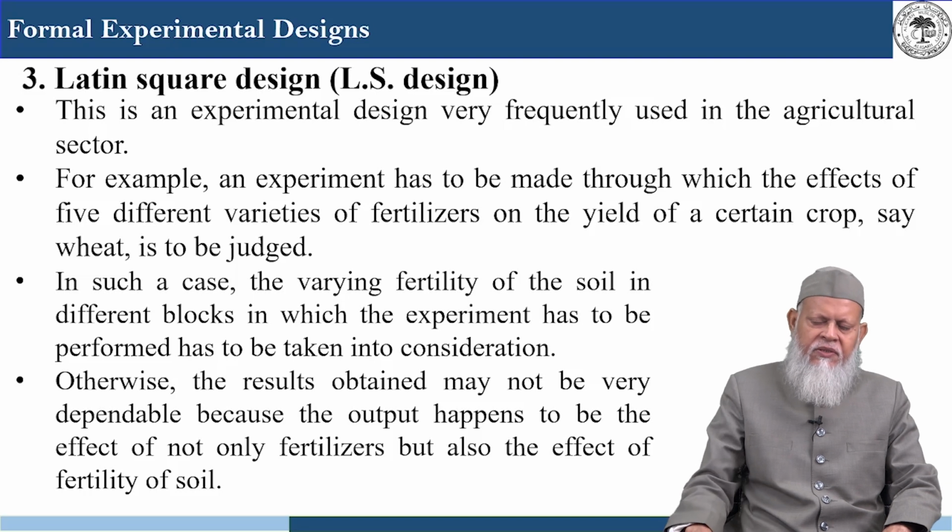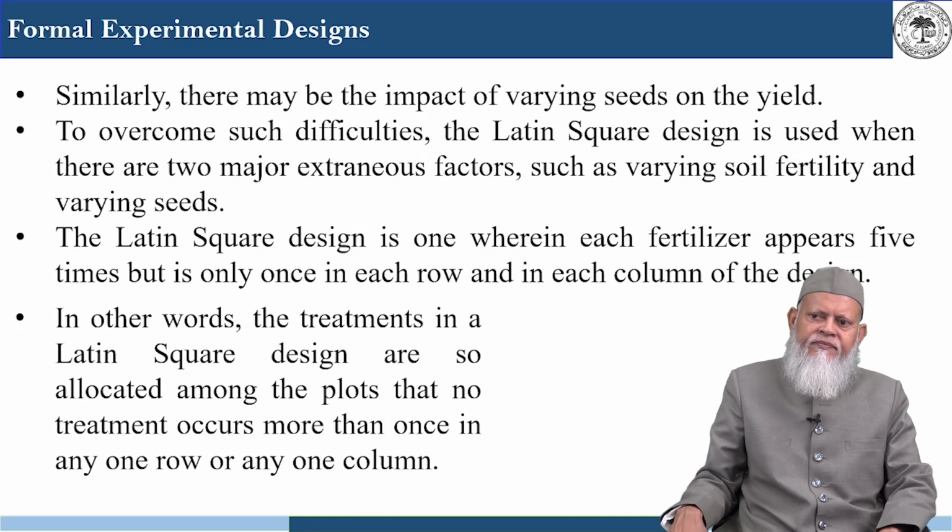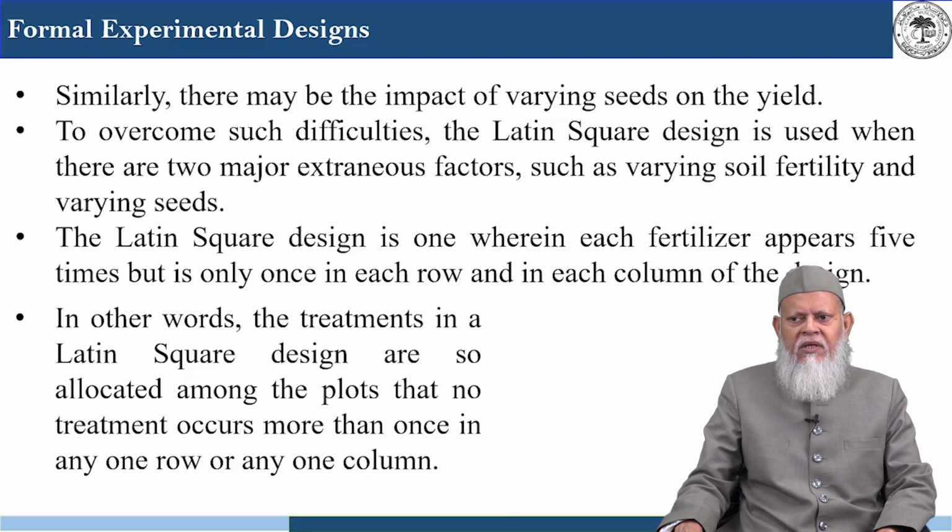So, the impact of this extraneous variable has to be removed or minimized in this design. So, to overcome such difficulties, the Latin square design is used, when there are two major extraneous factors such as varying soil fertility and the varying quality of seed.